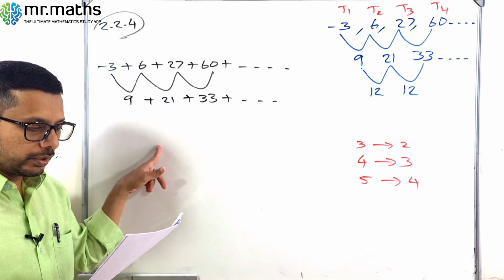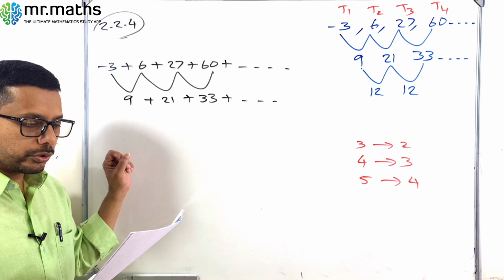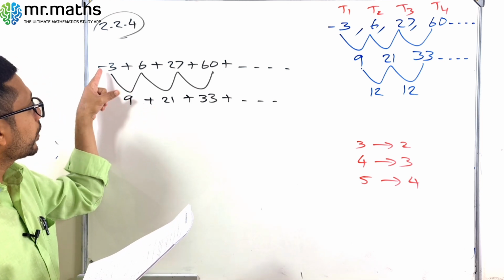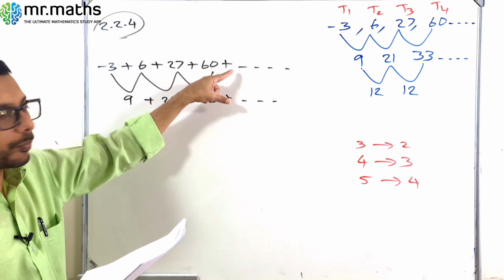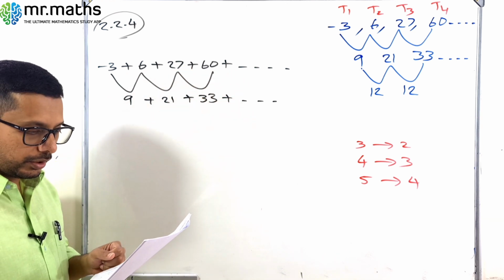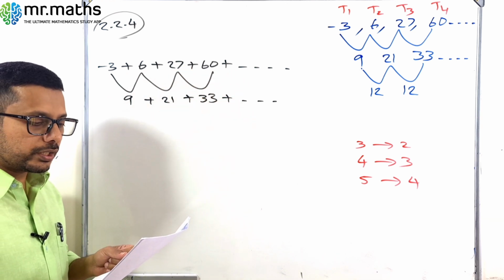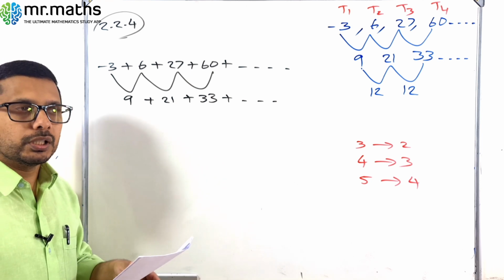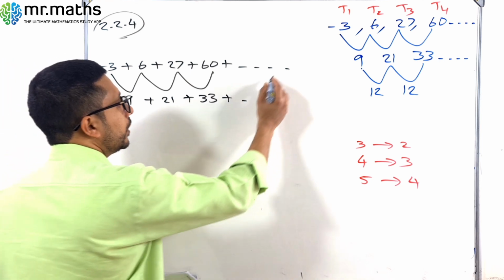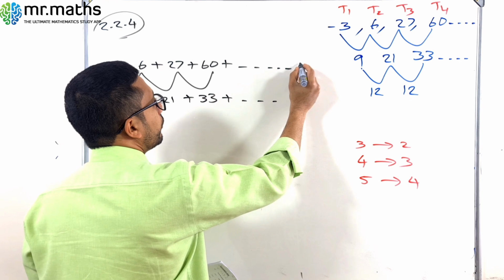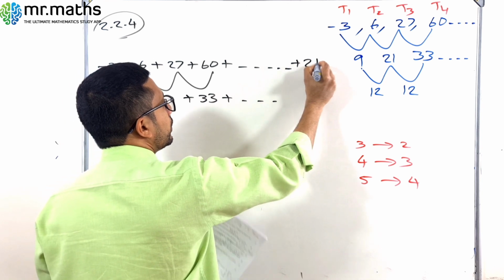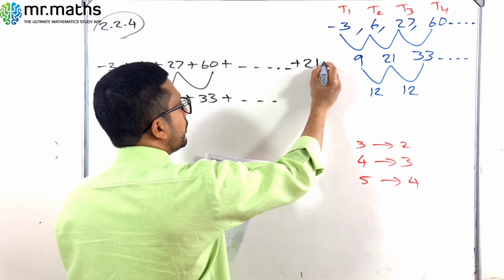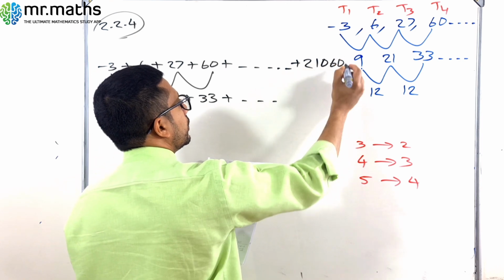were added to the first term of the quadratic number pattern to obtain a term in the quadratic number pattern that has a value. That means somewhere here there is a value 21,060.